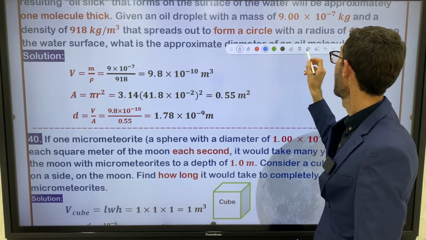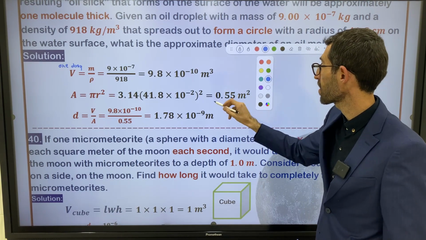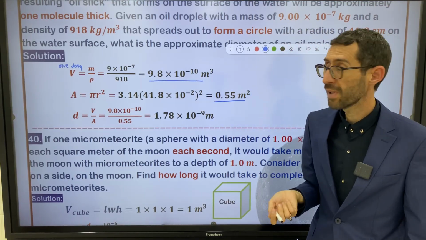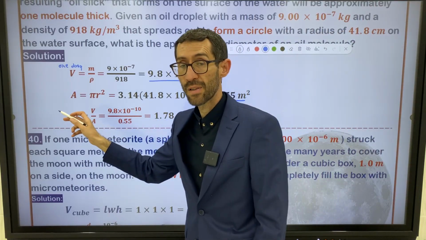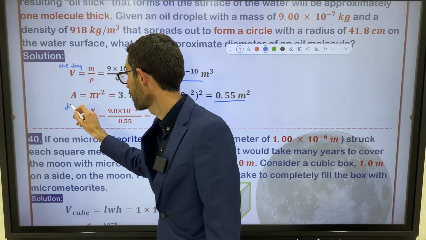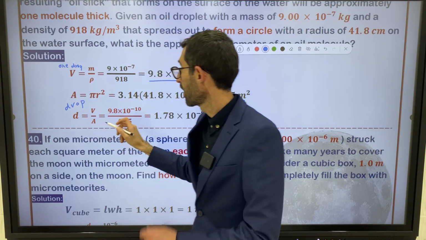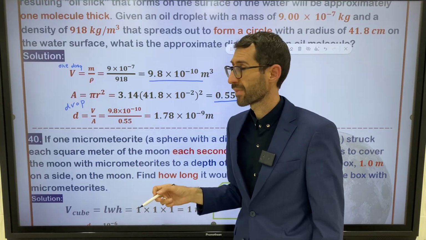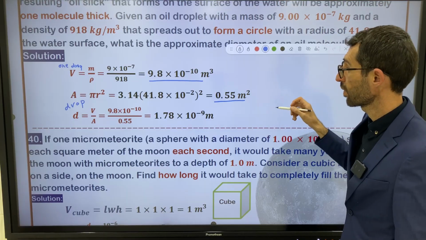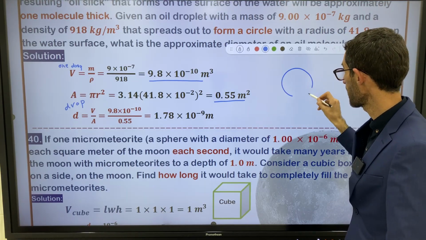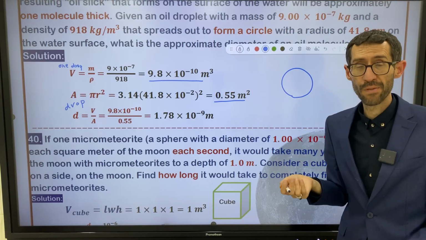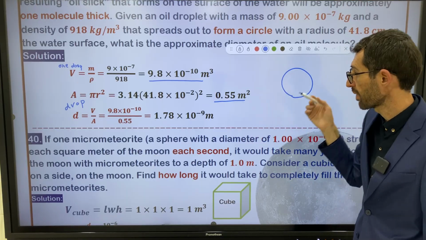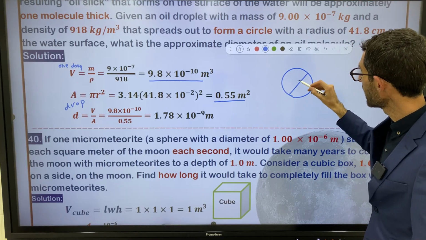So right now we have some information. We found the volume of one droplet. We found the surface area of one droplet. After that, D is equal to V over A. Why do we say D is equal to V over A? Because surface area means we have a circle here, right? This is the diameter.